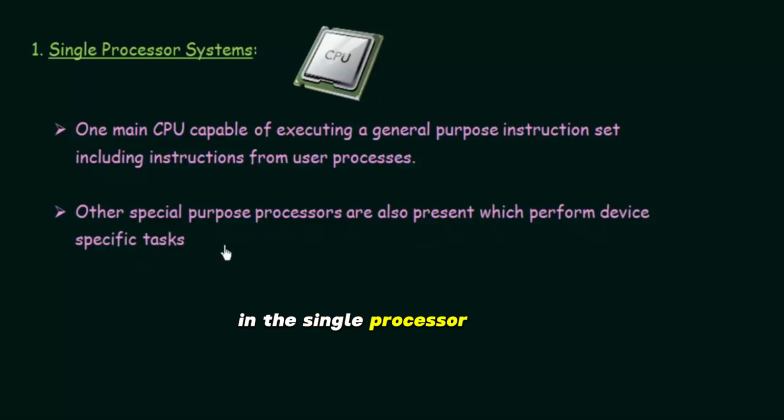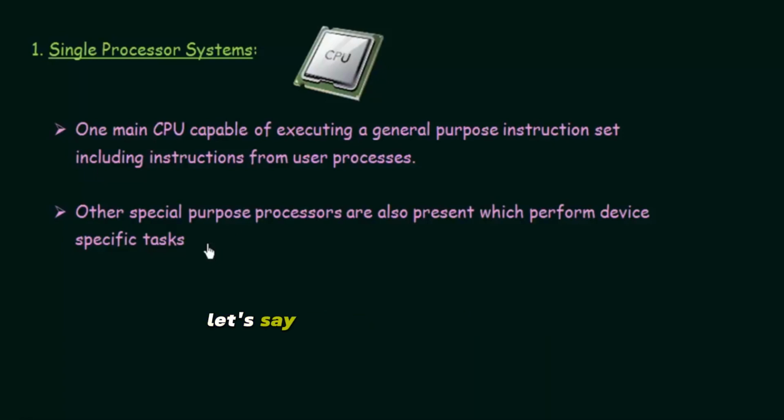Actually, in the single processor system, apart from the main CPU, there are also other processors present, which do not do general-purpose tasks, but perform some device-specific task. Now, what do we mean by this? This means that we have certain devices in our computers, like our keyboard, our disk, and so on. For all of these, there may be some microprocessors specialized to do a specific task related to that device.